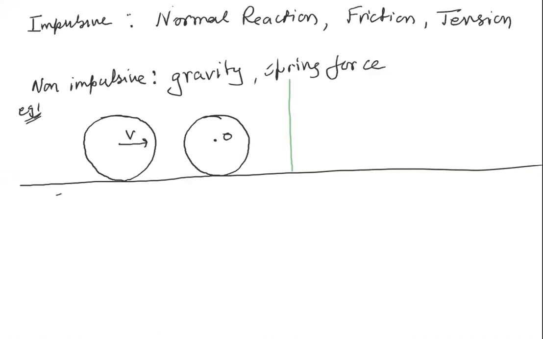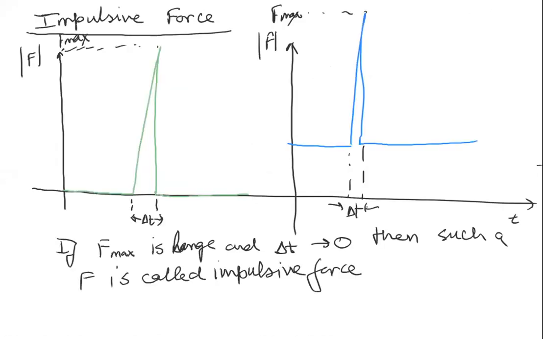An impulsive force can only be balanced by another impulsive force. So before I give the examples, a couple of points that I have to tell you. So point number 1 is that impulsive forces act for a very short time.